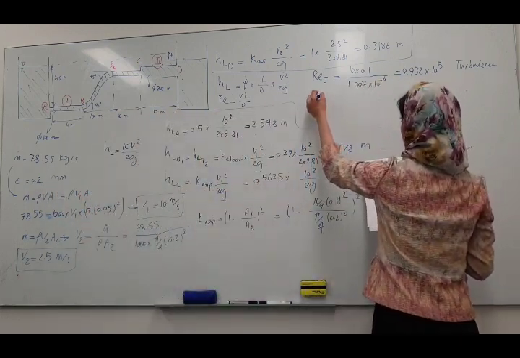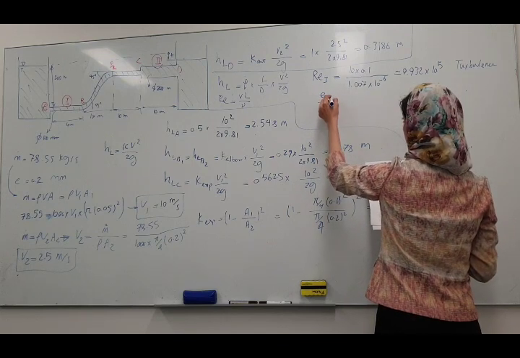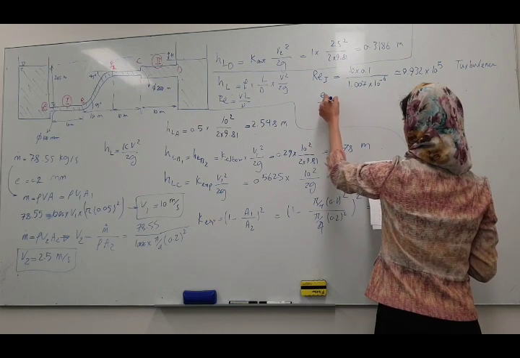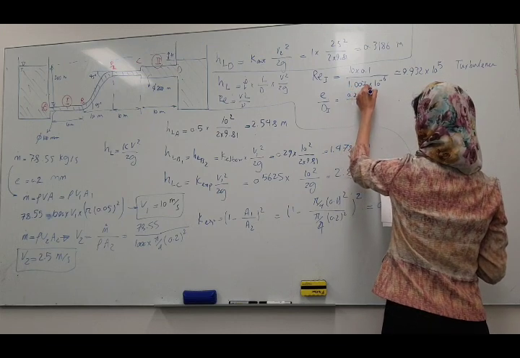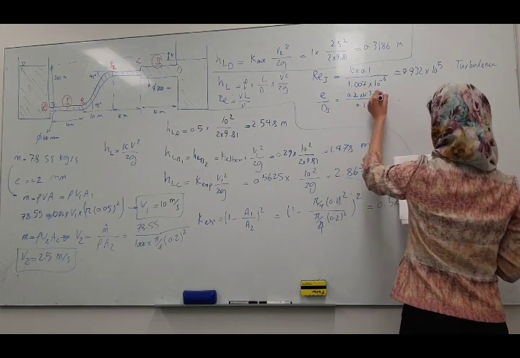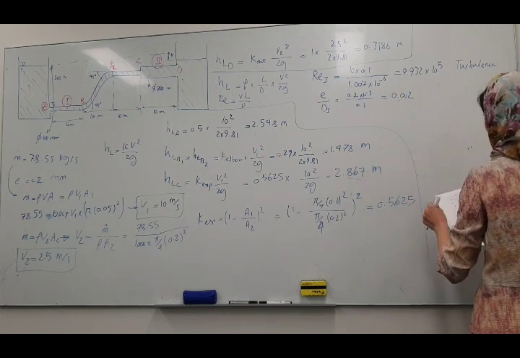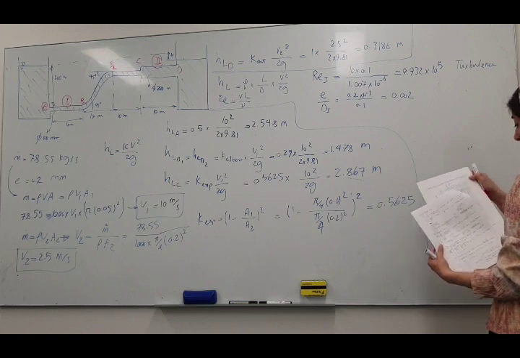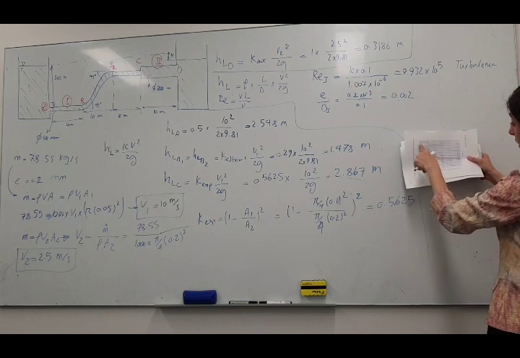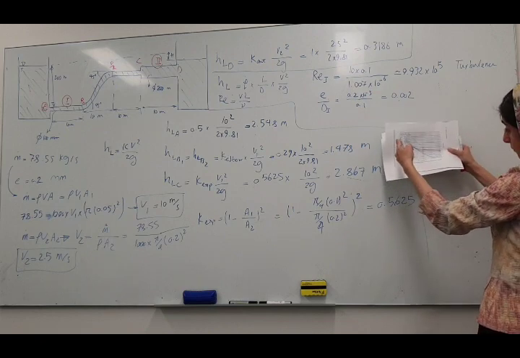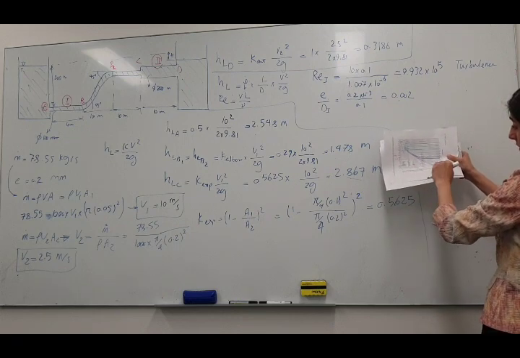We need to calculate the relative roughness, which is the ratio between the roughness and the diameter. For pipe 1, it will be 0.2 times 10 to the minus 3 divided by 0.1, which gives us a relative roughness of 0.002. If you look at the Moody diagram, just to remind you, on the right side of the diagram there's the relative roughness, and at the bottom is the Reynolds number.